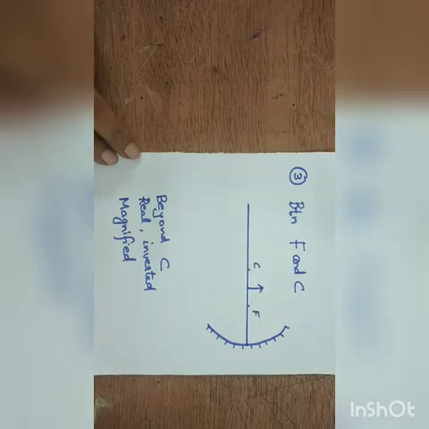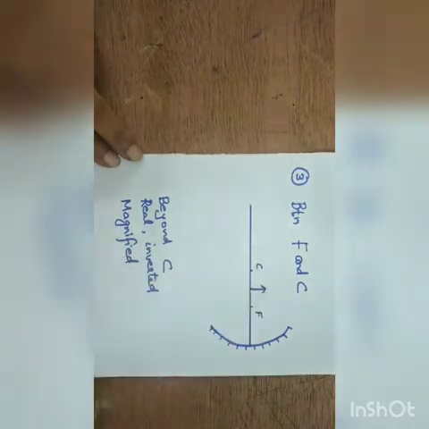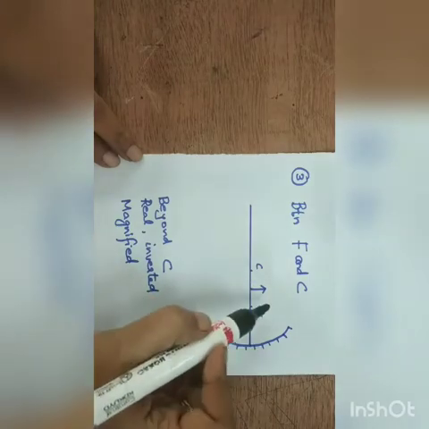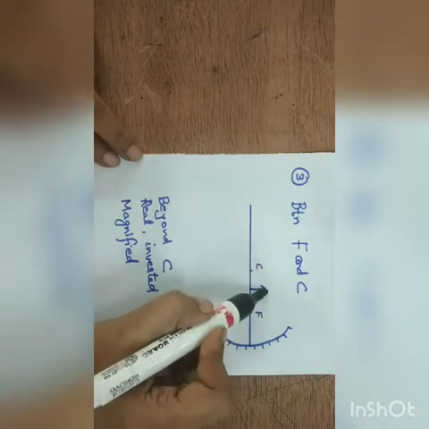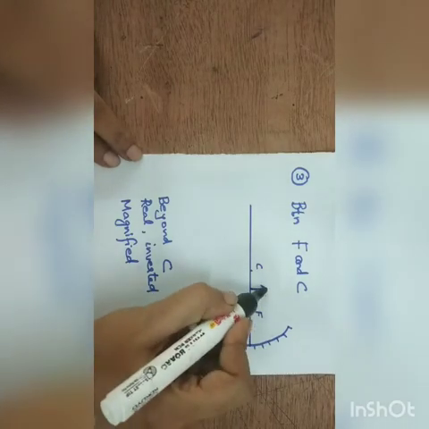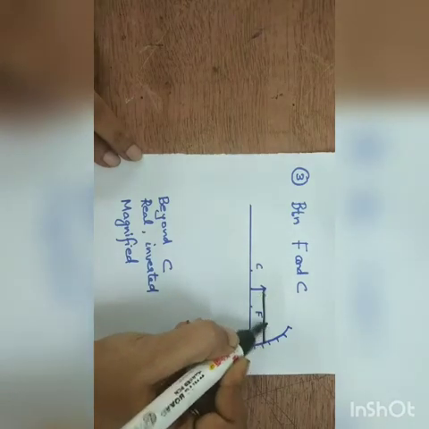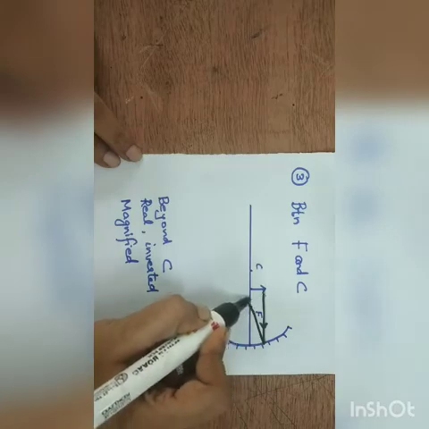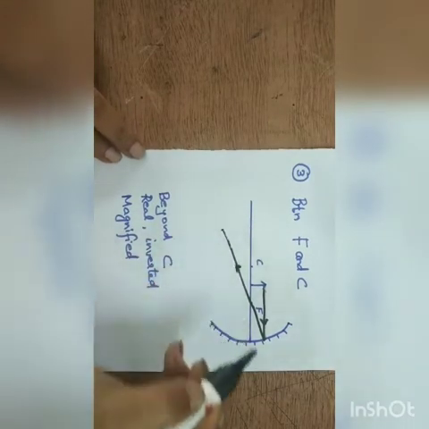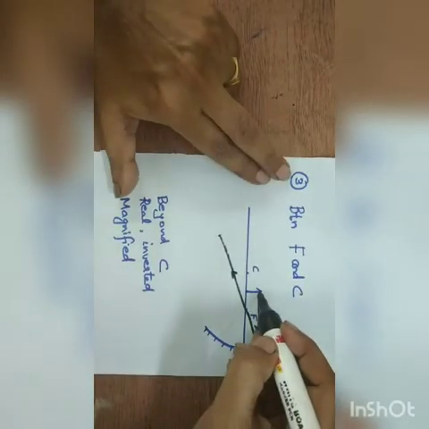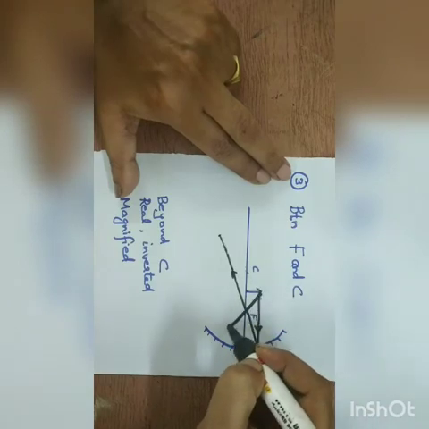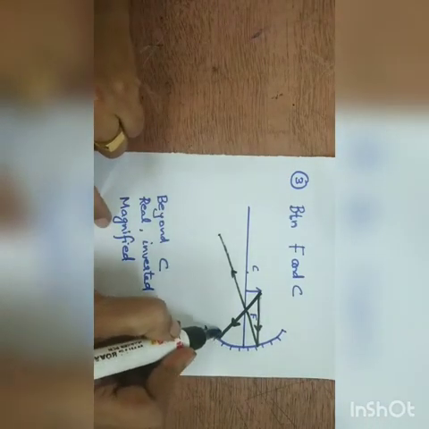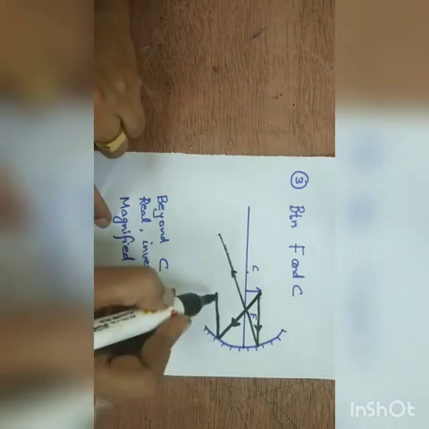Next, when the object is kept between the focus and the center of curvature, let us find out where the image is formed. As usual, a ray of light passing parallel to the principal axis, after reflection, passes through the focus. A ray of light passing through the focus, after reflection, passes parallel to the principal axis.